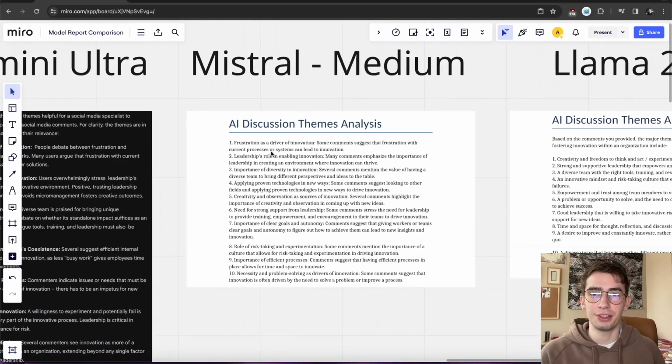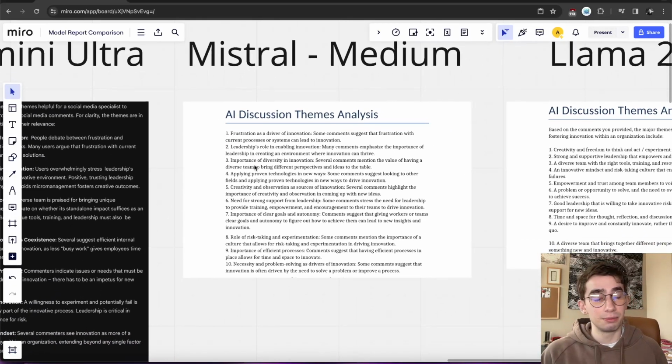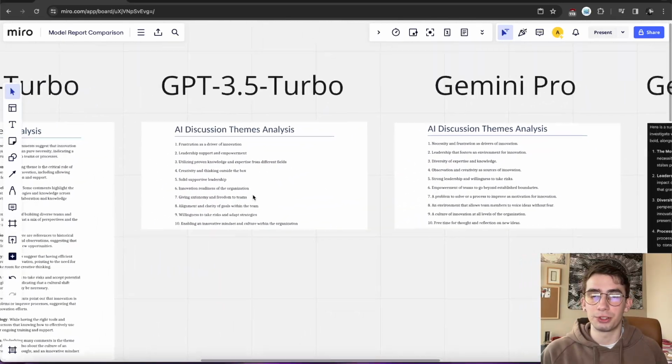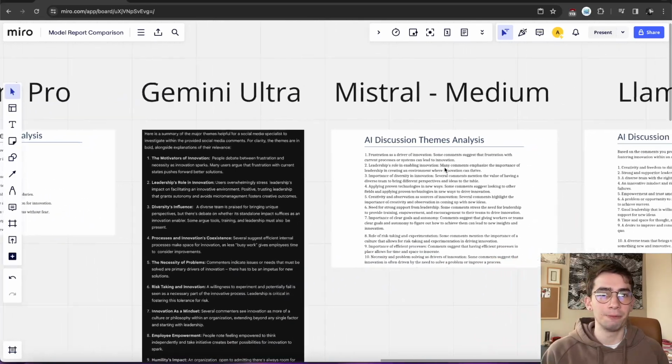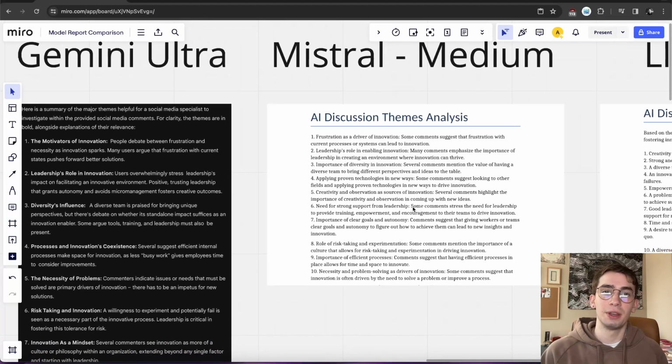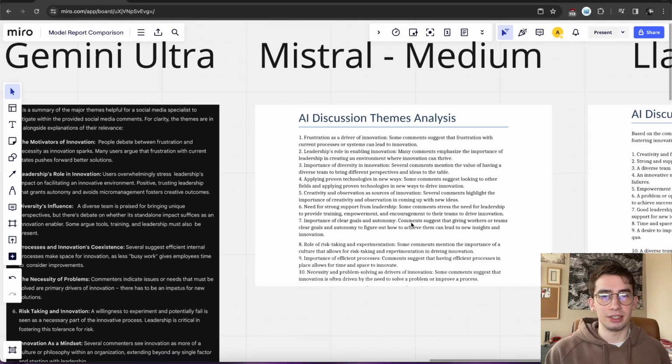And Mistral-Medium, I think, is a bit of a happy medium, no pun intended, between the Gemini Ultras and the GPT-4 Turbos, and then 3.5 Turbo and Pro, in that it does give some of these overarching themes with a little less, but some reasoning and some explanation as to where it got that from.